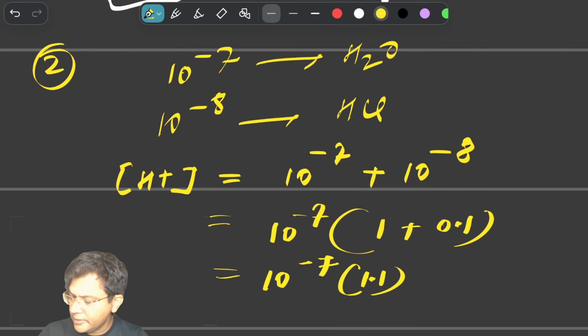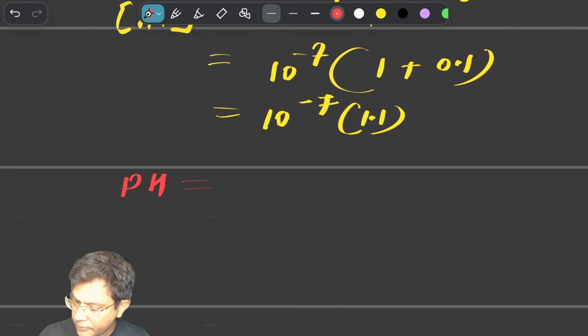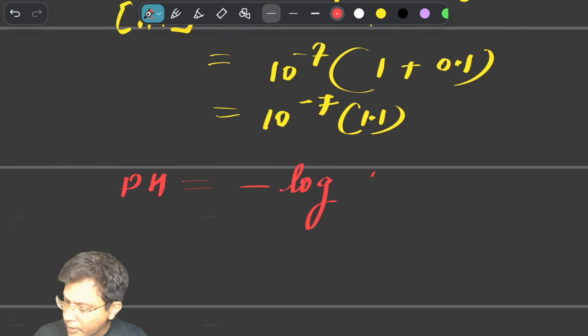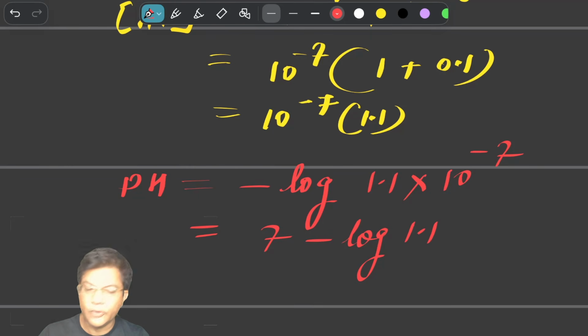So apply the pH formula. pH is equal to minus log of H plus concentration, minus log of 1.1 into 10 raised to power minus 7. So it will become 7 minus log 1.1. Now you don't know the value of log 1.1, so what are you supposed to do?